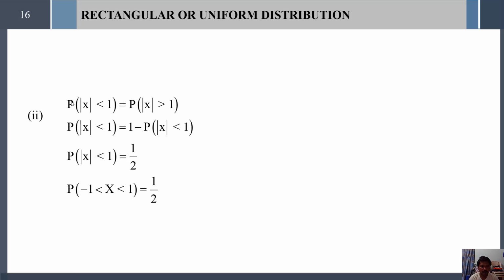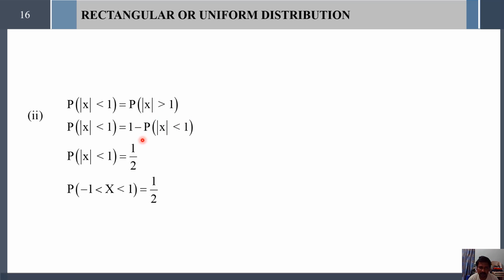Now the second condition: probability of modulus x less than 1 equals probability of modulus x greater than 1. Probability of modulus x less than 1 is a bounded condition. Probability of modulus x greater than 1 is unbounded. Whenever you have an unbounded probability function, you have to make it bounded by using the complementary law of probability. So keep the probability of modulus x less than 1 as it is, and the probability of modulus x greater than 1 can be written using the complementary rule, 1 minus probability of modulus x less than 1.